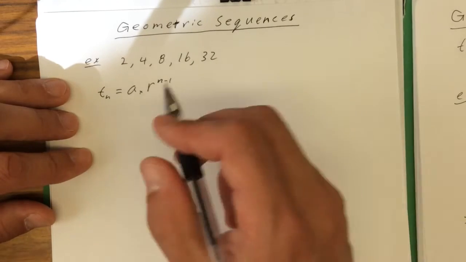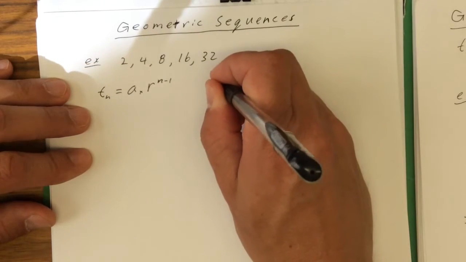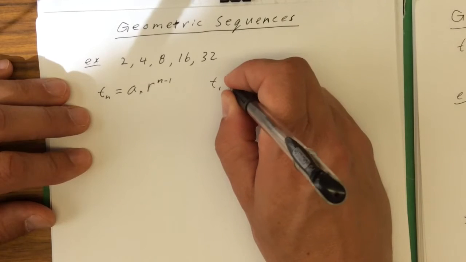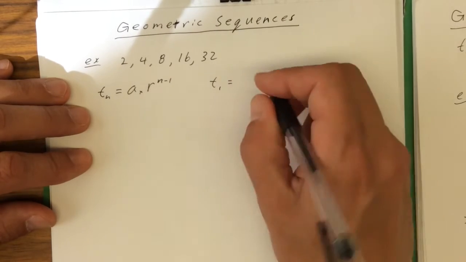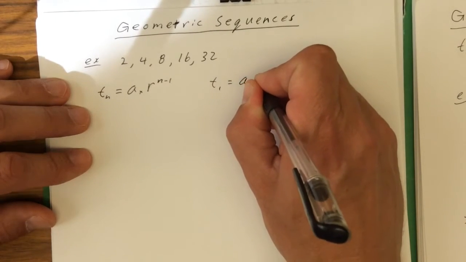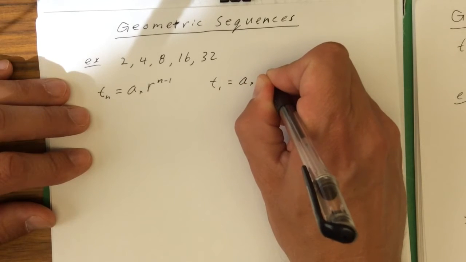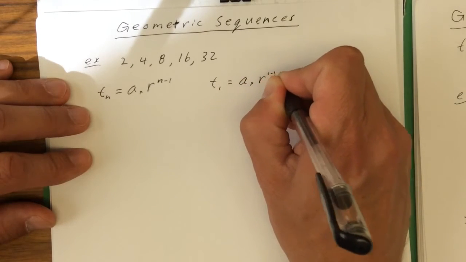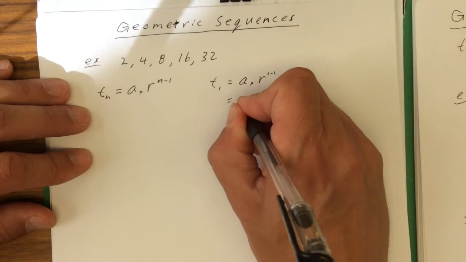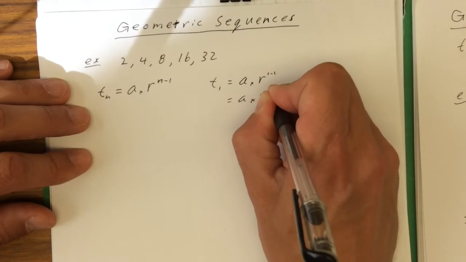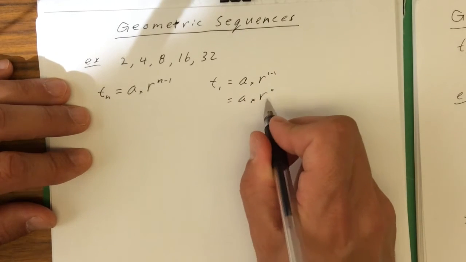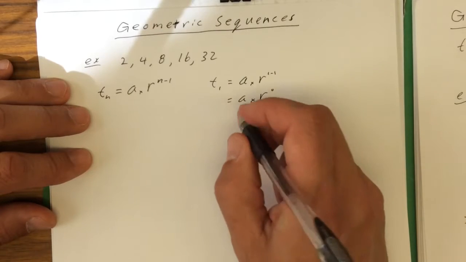Okay, so for example, T1 is going to be equal to A times R to the 1 minus 1, which equals A times R to the 0. And we know that anything to the 0 is just 1.